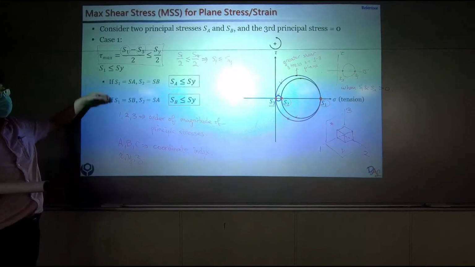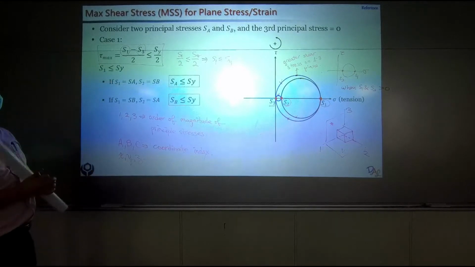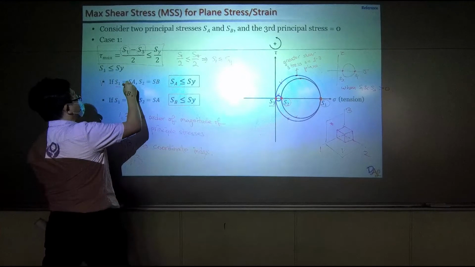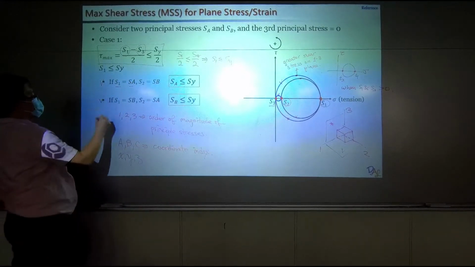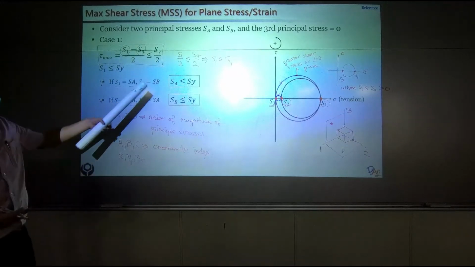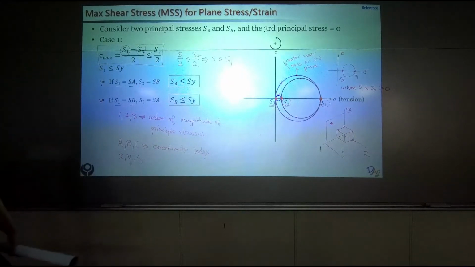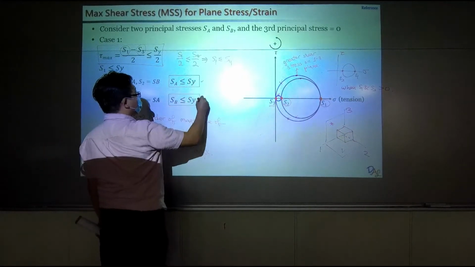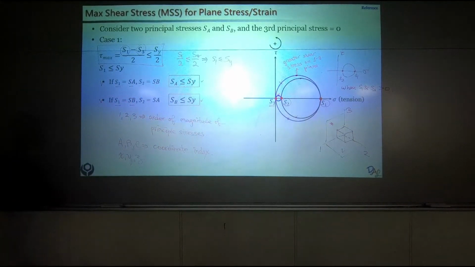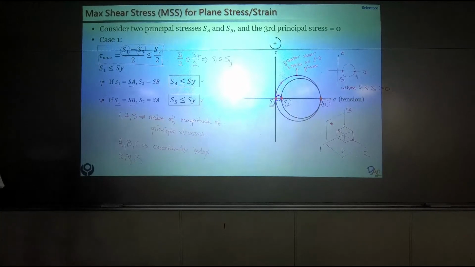So either way, in this first case, S1 is SA. In the second case, S1 is SB. We still derive them. So we now have two different equations. SA should be smaller than SY, SB should be smaller than SY.